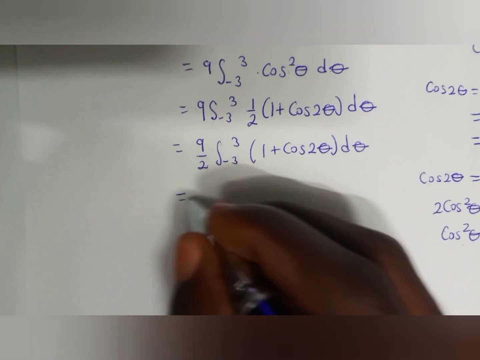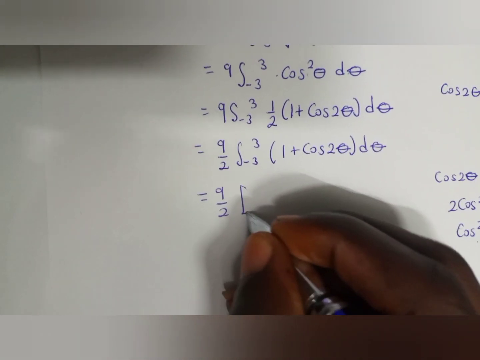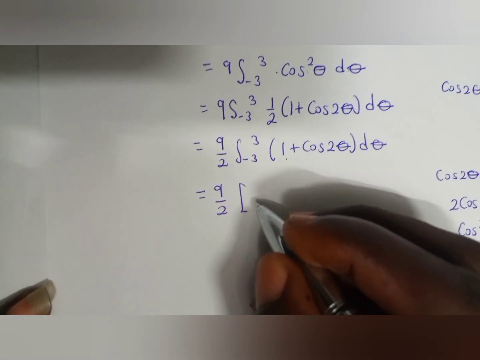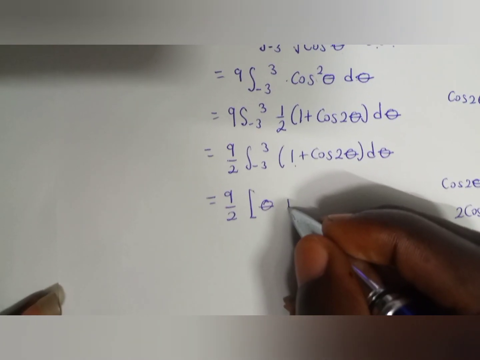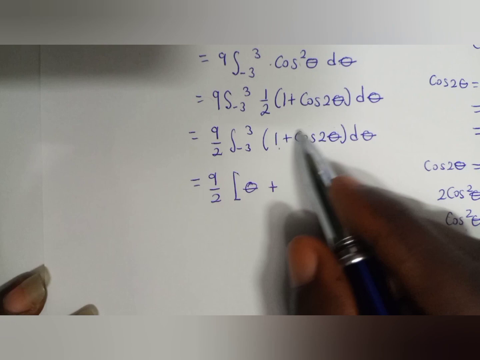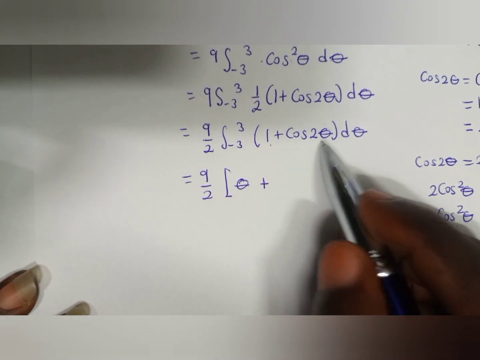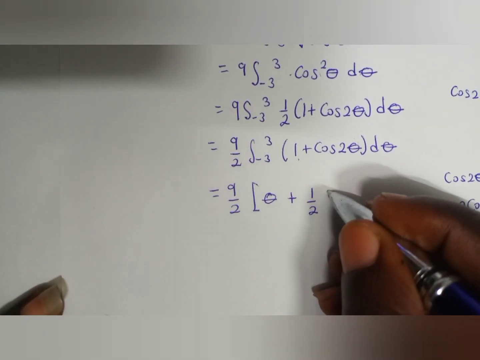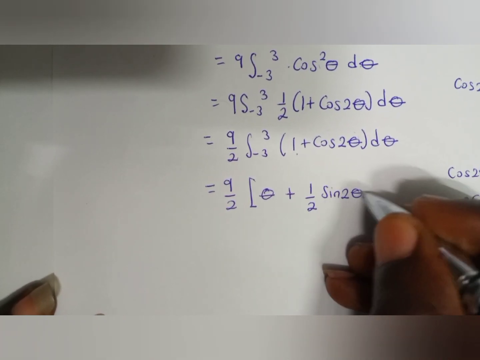So we have 9 out of 2 times the integral of 1, we are going to get theta, plus the integral of cos 2 theta is 1 out of 2 sine 2 theta.